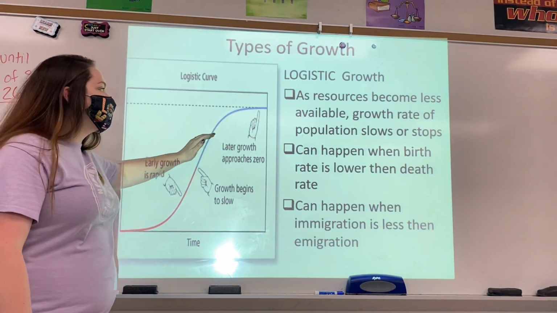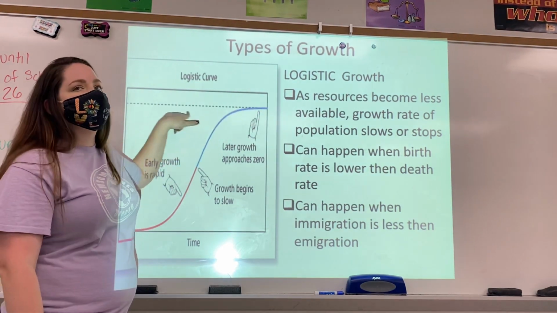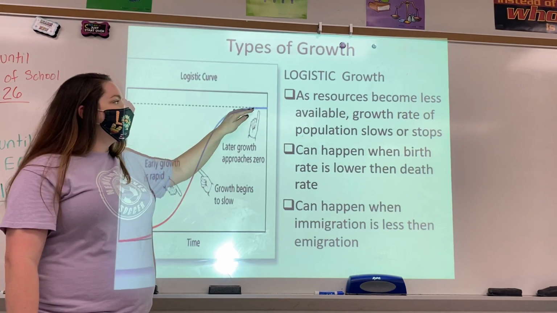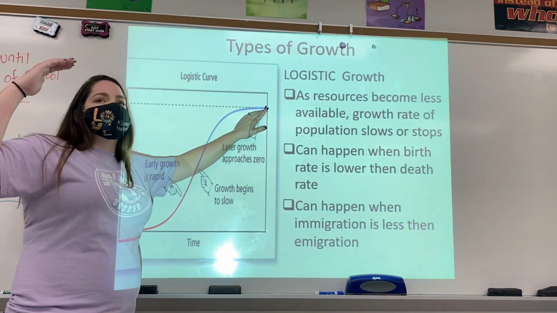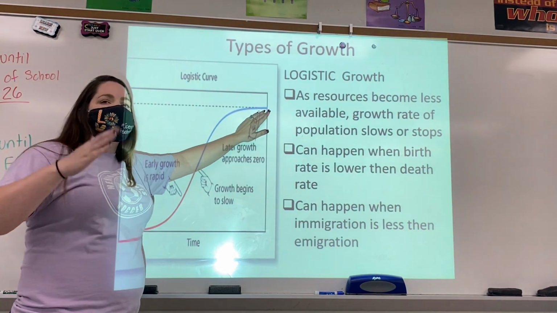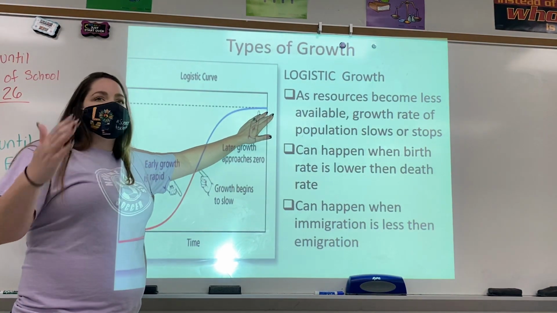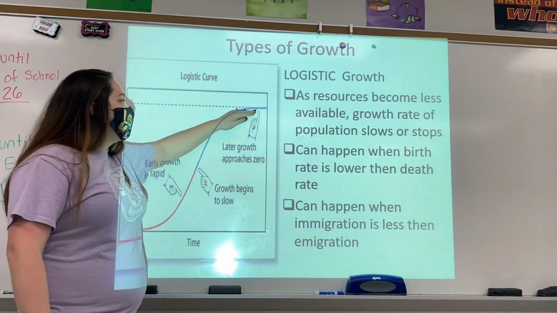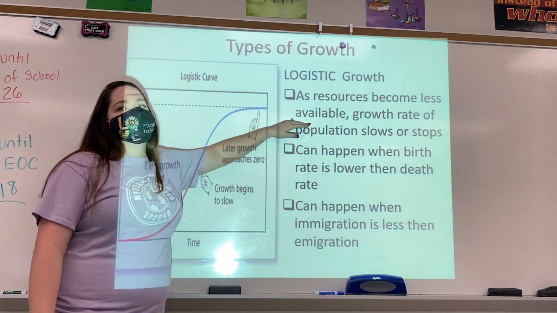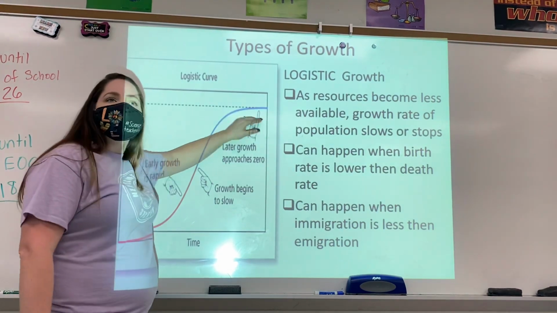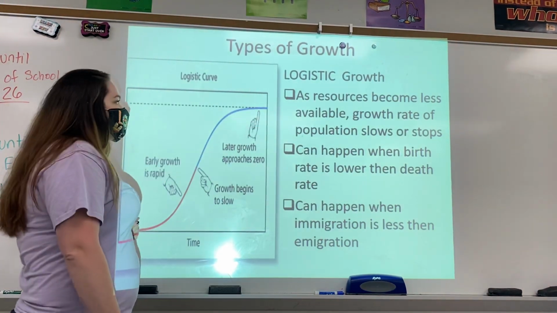And then at a certain point, which is called your carrying capacity, that is where you have reached the limit. You have reached the maximum number of individuals that this environment can hold and survive. Okay? So at your carrying capacity, your population growth starts to plateau or level off. Okay? So this is logistic growth.